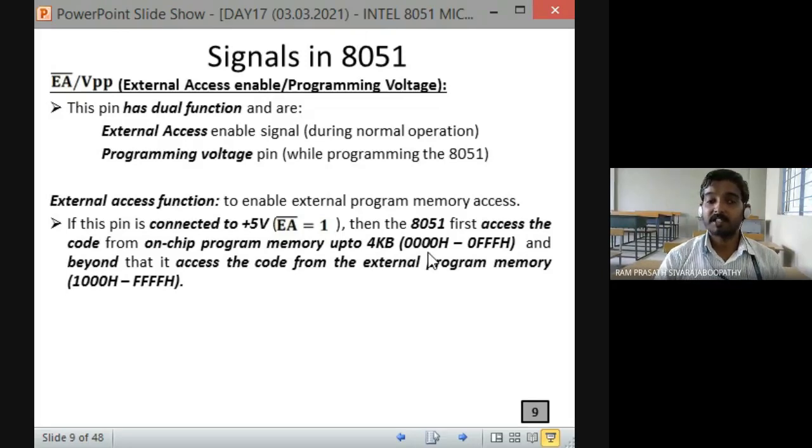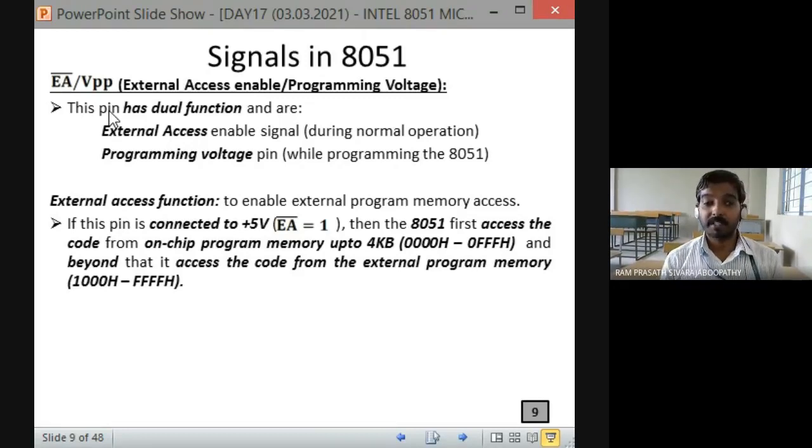If the execution goes beyond that 4 KB, automatically it fetches the program from external program memory. Is it clear to all of you? If the pin is connected to 5 volt, it executes from on-chip program memory. But if it exceeds 4 KB, then the other 60 KB is from the external program memory only.